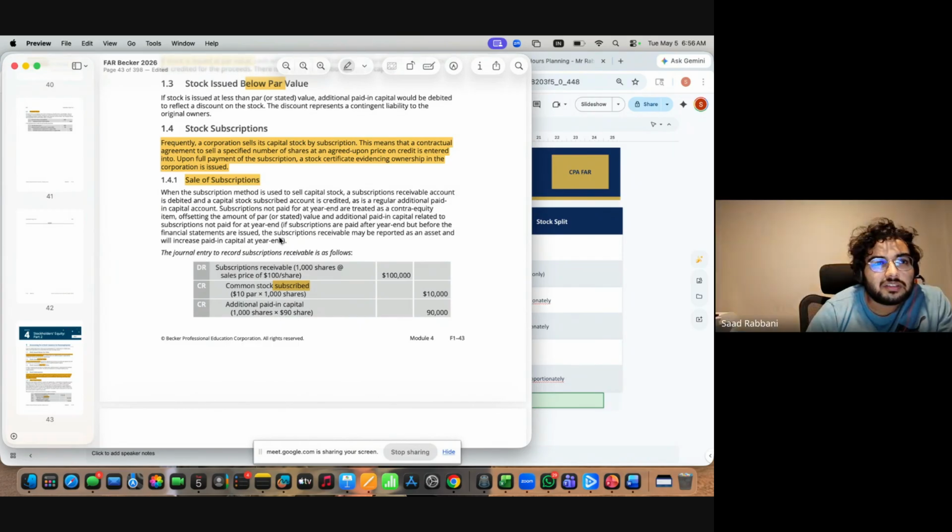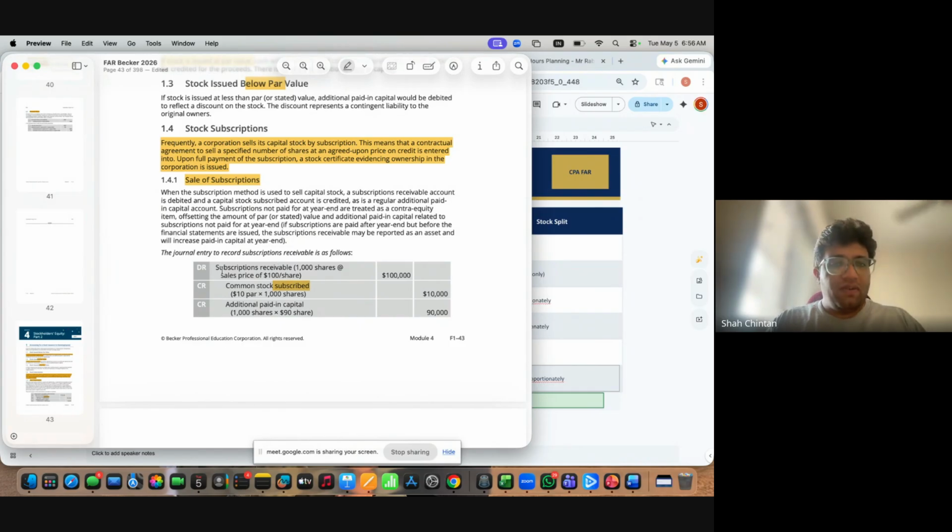I didn't understand the entry. Okay. So for example, you have a subscription, let's say 1,000 shares of common stock at $100 per share. Now let's say this equity share is payable in 5 equal installments. So subscription receivable is $1 lakh, the full amount.